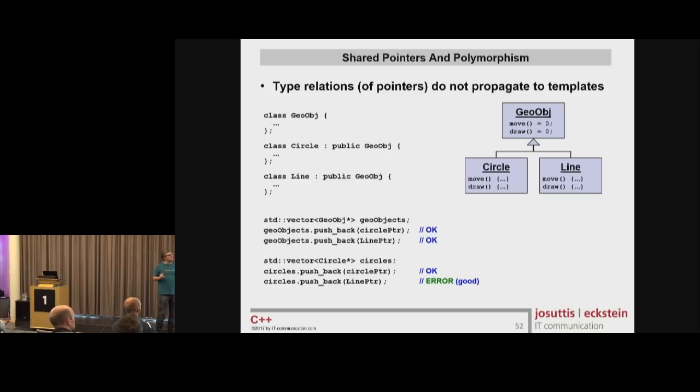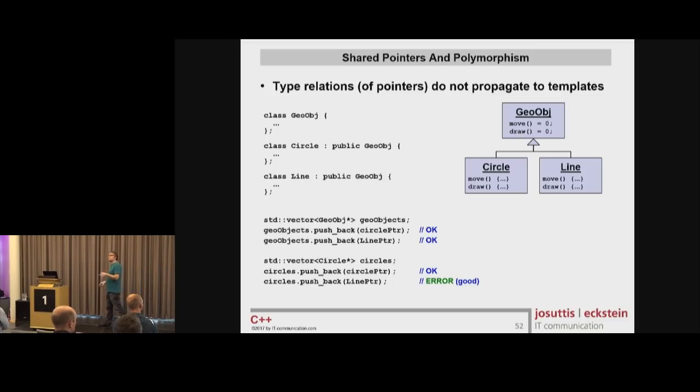And thank goodness, we have implemented that in C++. You can see that. So if you create a vector of geometric objects, if you use a base type, so a geometric object pointer, you can push back a circle pointer and a line pointer. That's fine. But if you create a vector of circle pointers, you cannot push back a line pointer.